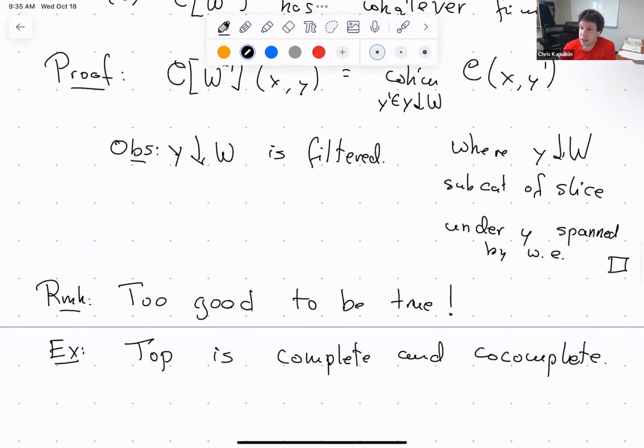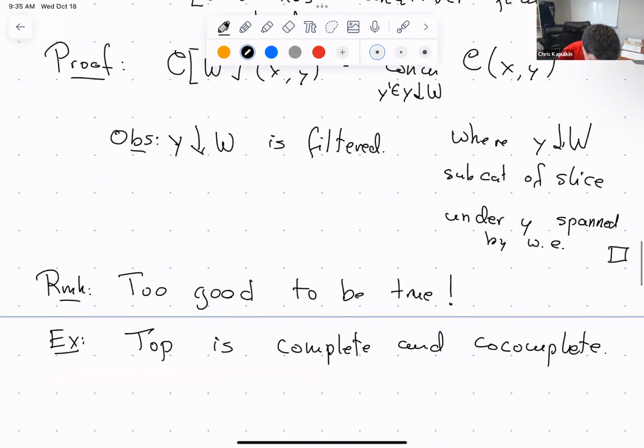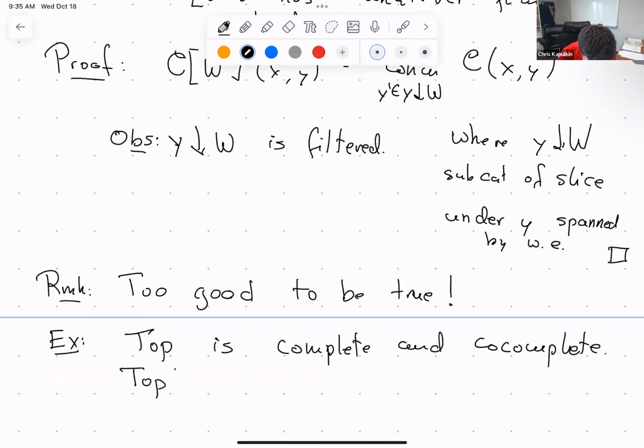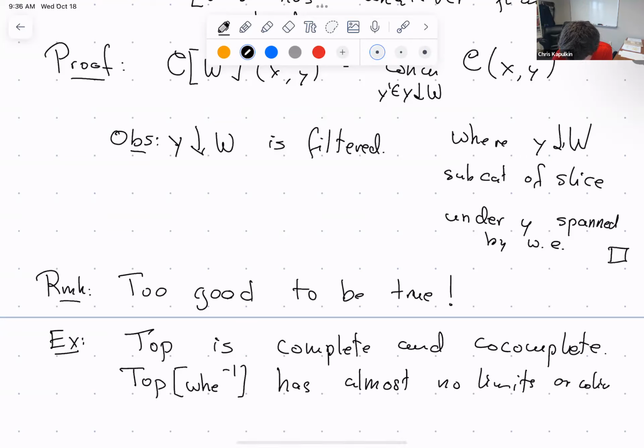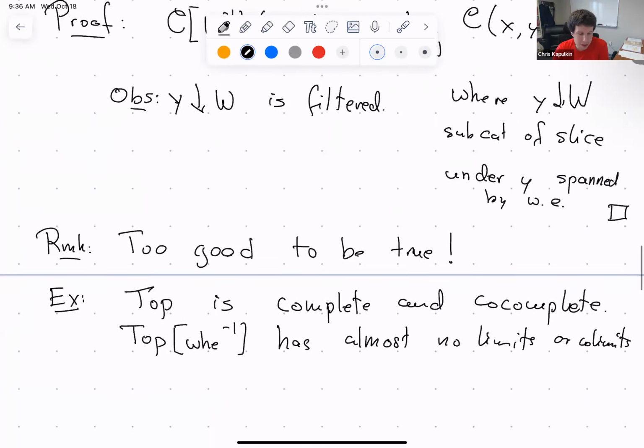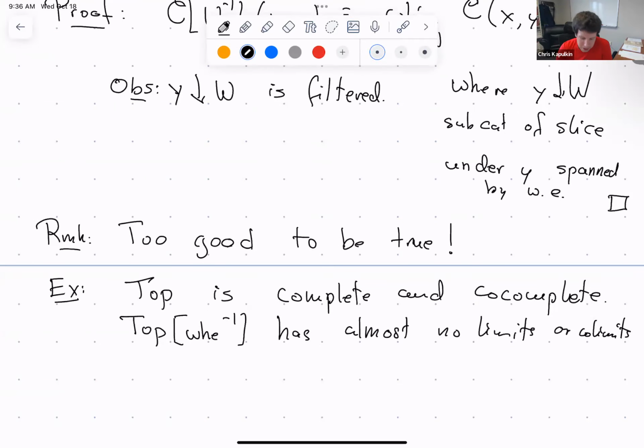But when you take its homotopy category, when you take its localization, this is quite well known to be a horrible category. If you take weak homotopy equivalences, you invert those. This has almost no limits or colimits. It only has products and coproducts. So something seems off.